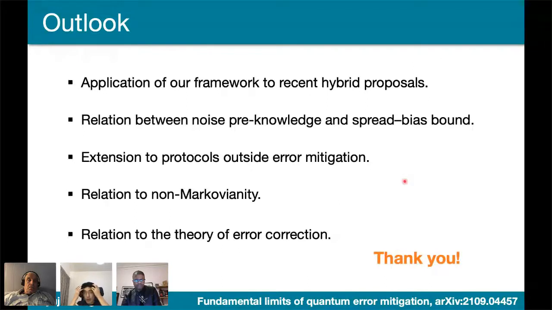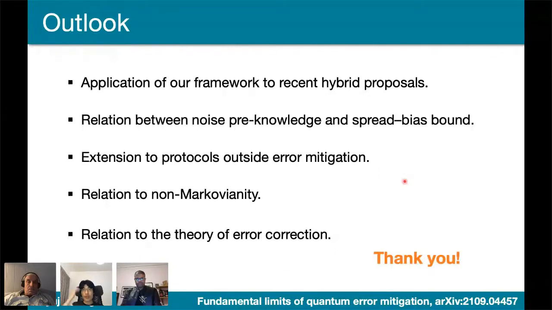There's another important factor in error mitigation: what kind of information or knowledge you have about the noise model. For instance, the probabilistic error cancellation requires you to know the error models. On the other hand, the extrapolation method does not require knowing such an error model.